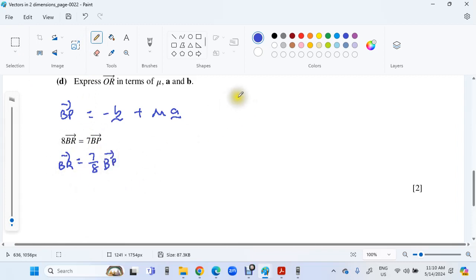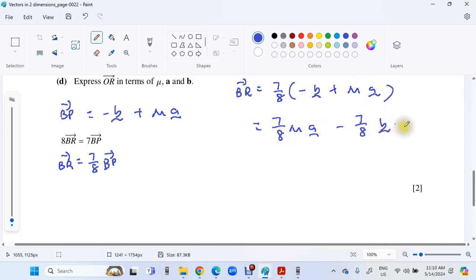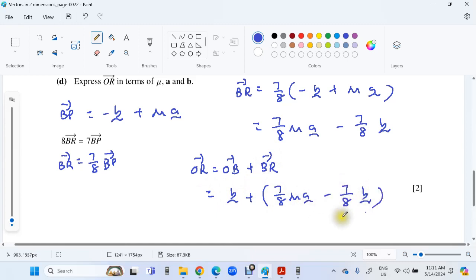So BR will be 7 over 8 of negative B plus mu A. Then we have 7 over 8 mu A minus 7 over 8 B. So OR is OB plus BR. OB is B, and BR is 7 over 8 mu A minus 7 over 8 B. Then it will be 7 over 8 mu A plus 1 over 8 B.